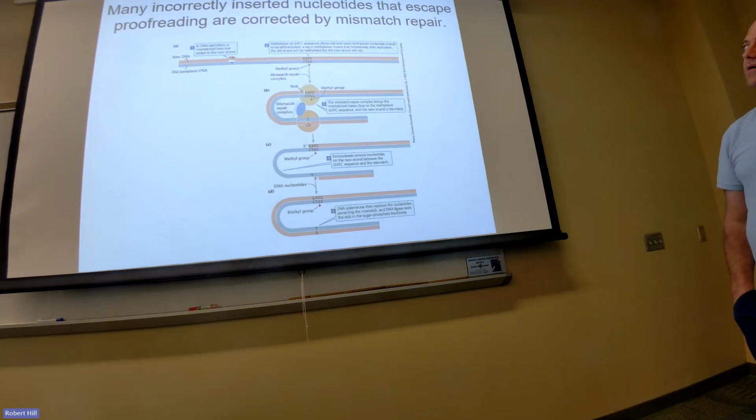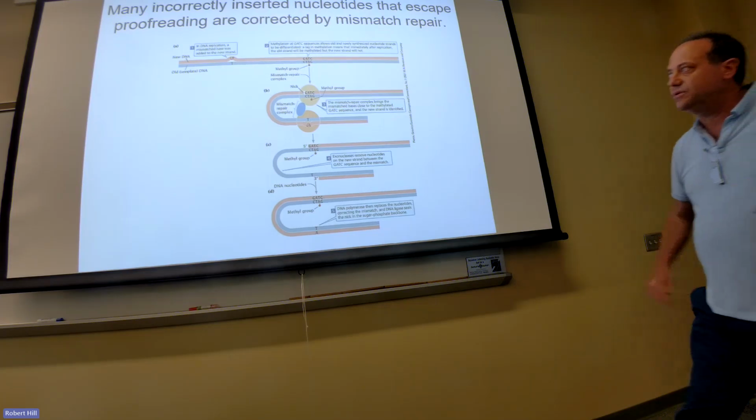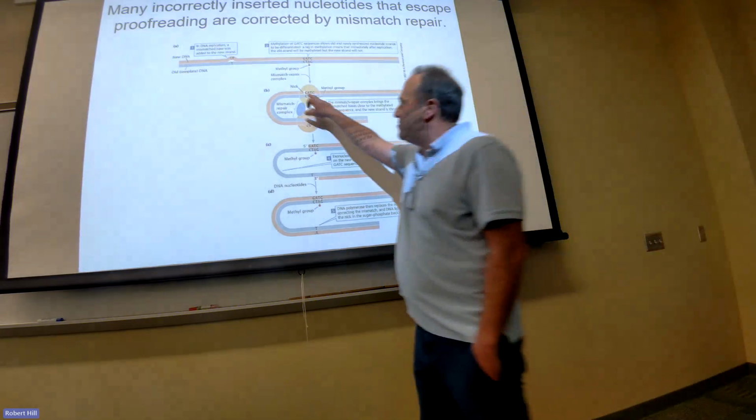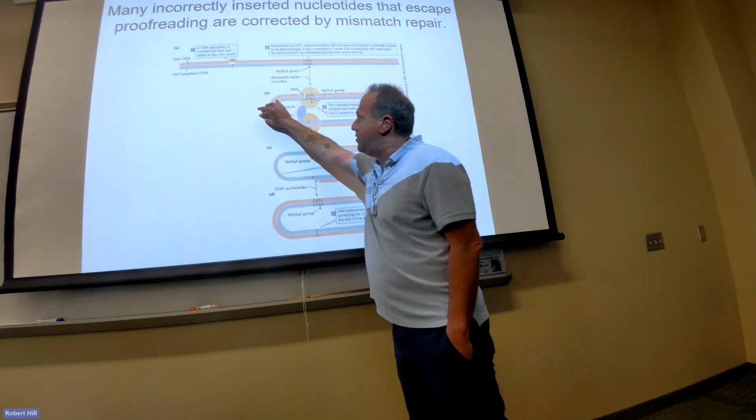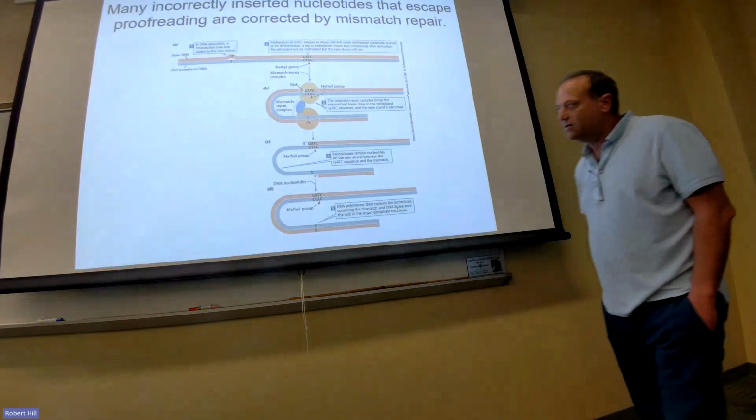Okay, so this complex will kind of bind over the whole region. It'll detect what is new and what is old by the methylation status. And then the next step is that exonucleases will come in and remove this strip. You see it loops it up and it cuts this whole region out of newly synthesized DNA.